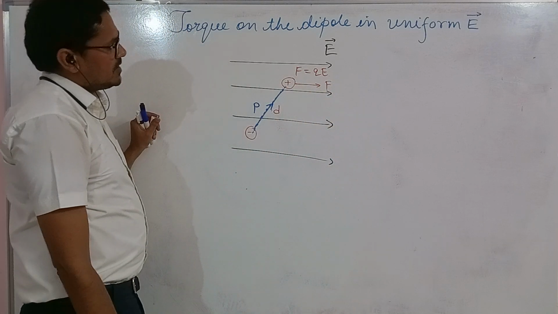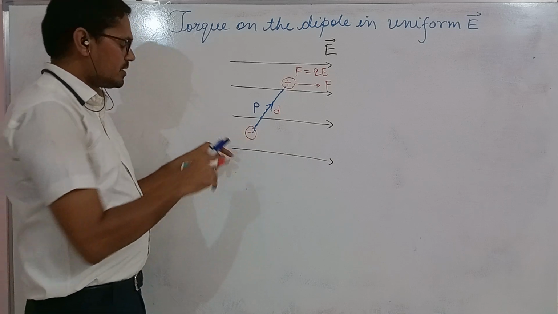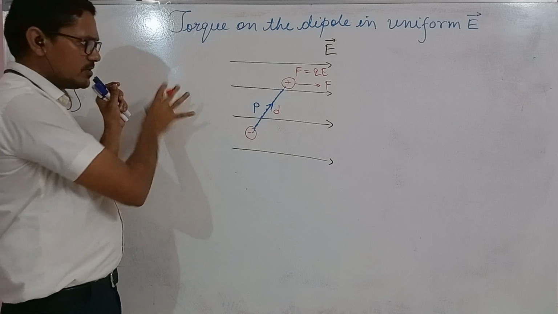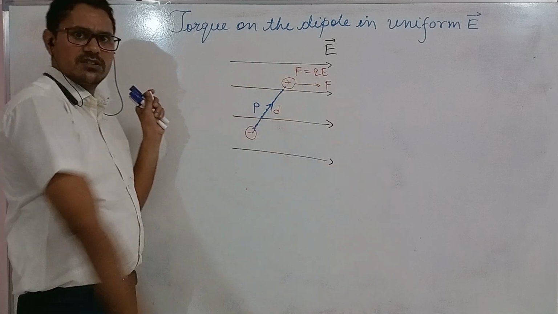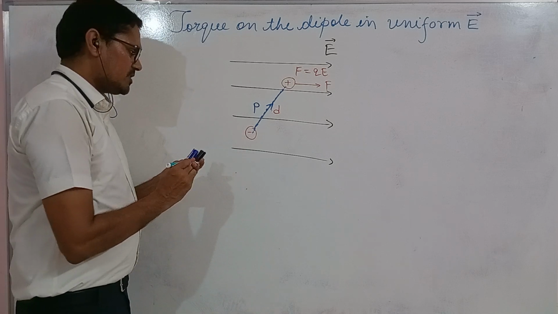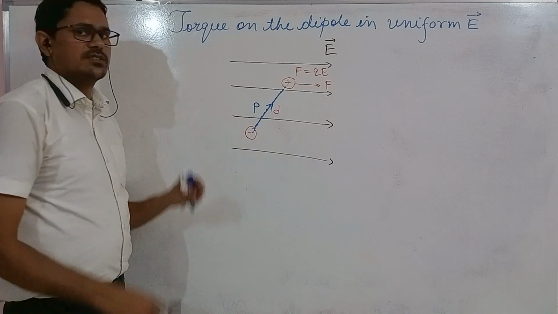Now, this negative charged particle will be attracted towards the positive side, because the electric field lines are going in this direction. So this negative charge will also experience some force, but in just the opposite direction.